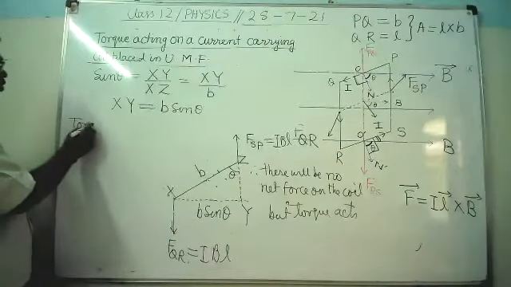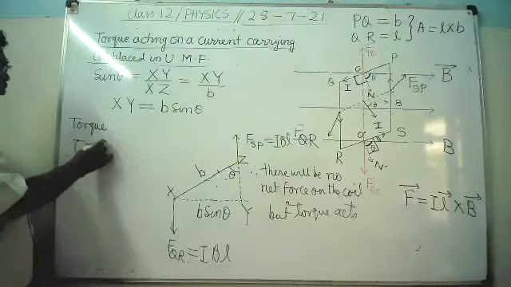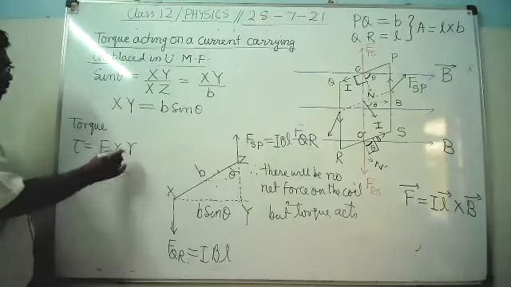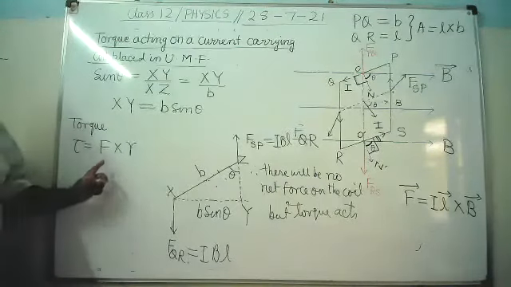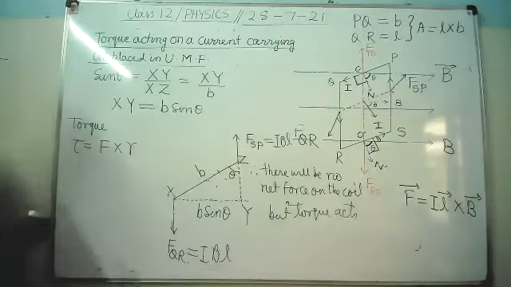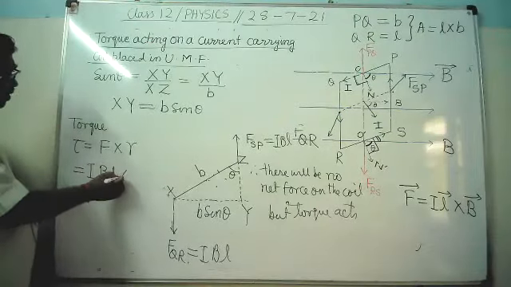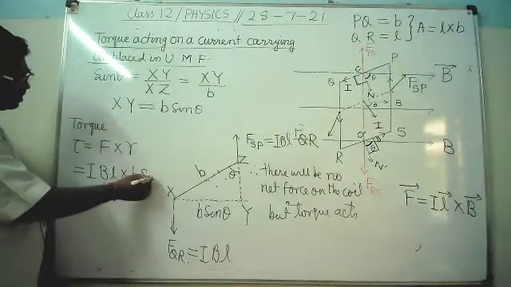Therefore, torque equals force multiplied by the perpendicular distance between the lines of action of both the forces. So force is IBL, and the perpendicular distance is b sin theta.